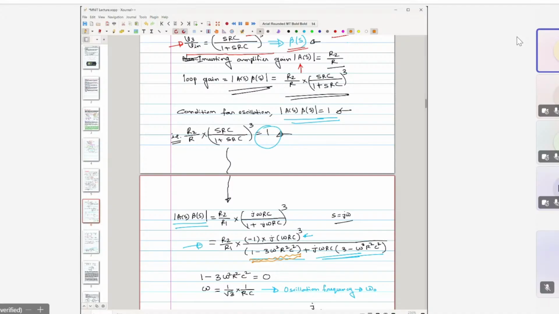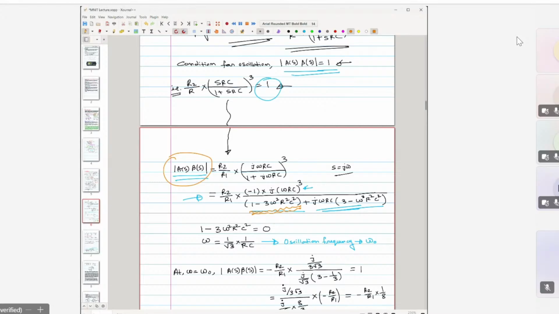That would make this mod of A into beta A a real number. So if this part is equal to 0, then this number would be real. Now considering that criteria, we can write this.